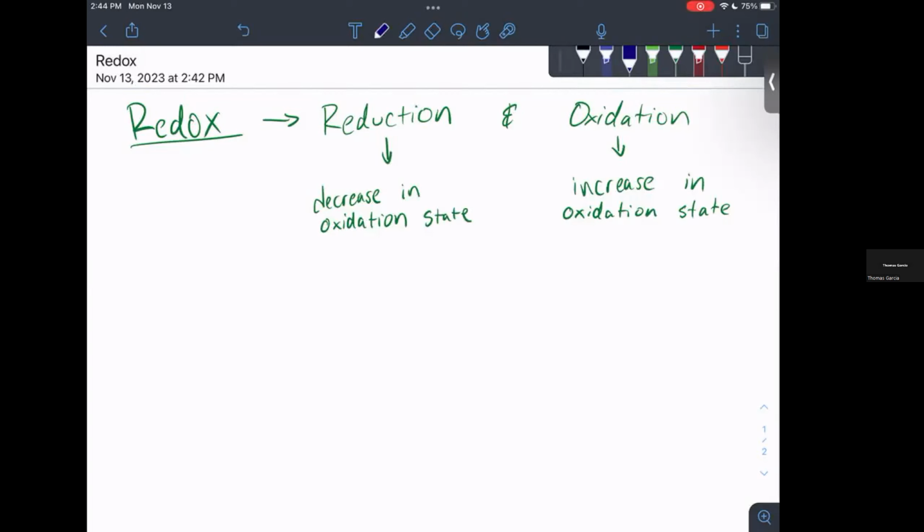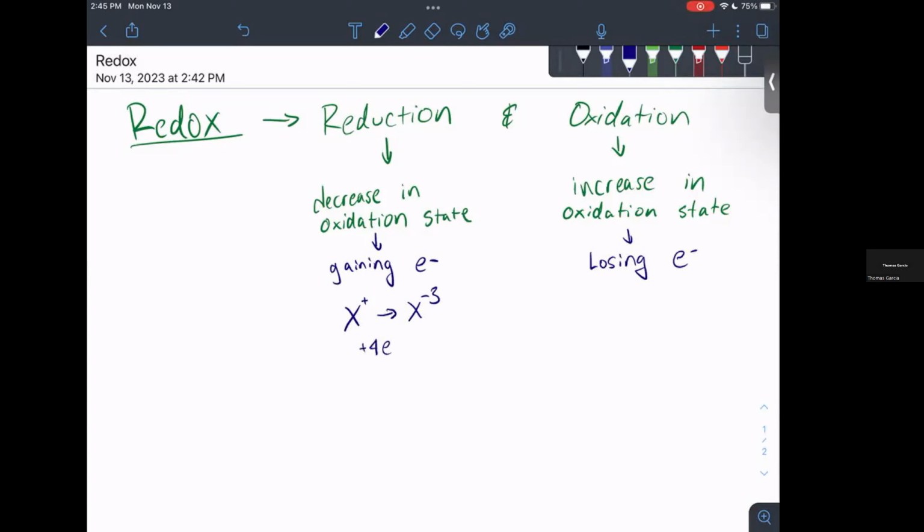Well, decrease in oxidation state basically means that you are gaining electrons, while oxidation means that you are losing electrons. And if you were to look at any given element, such as element X, if element X went from a +1 charge to a -3 charge, it would have gained 4 electrons.